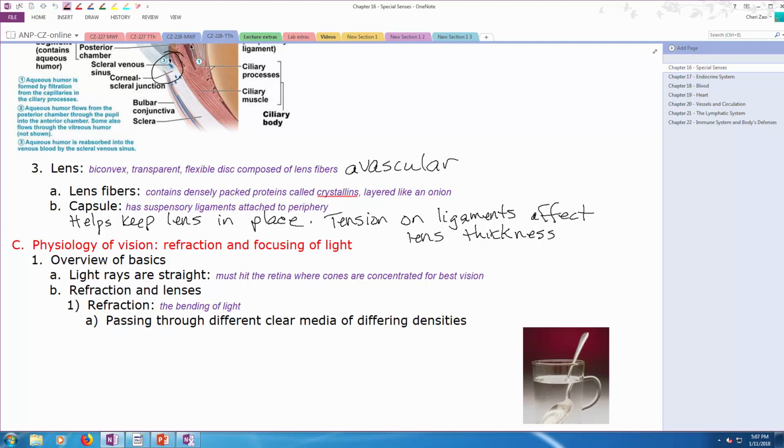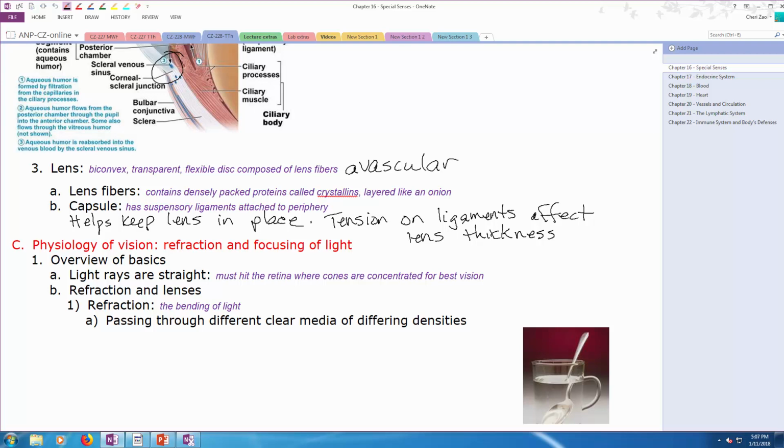And what happens is as we age, and we're going to talk about this in a little bit, the lens becomes less flexible. Aren't we all less flexible as we age? The lens has that problem too. Even though it's got this lovely nutrient broth surrounding it, with time and light rays, photodegradation, it becomes less flexible.